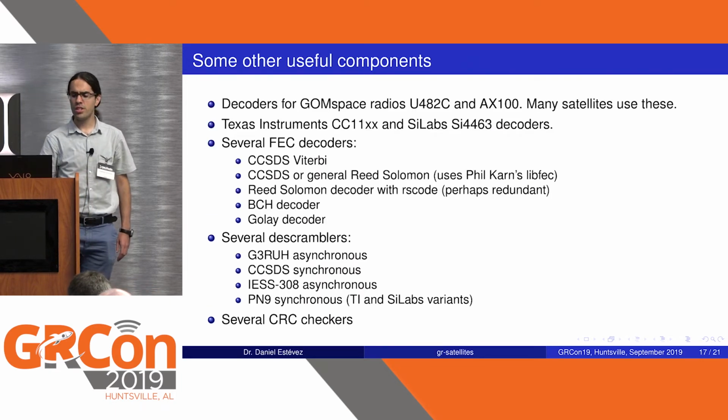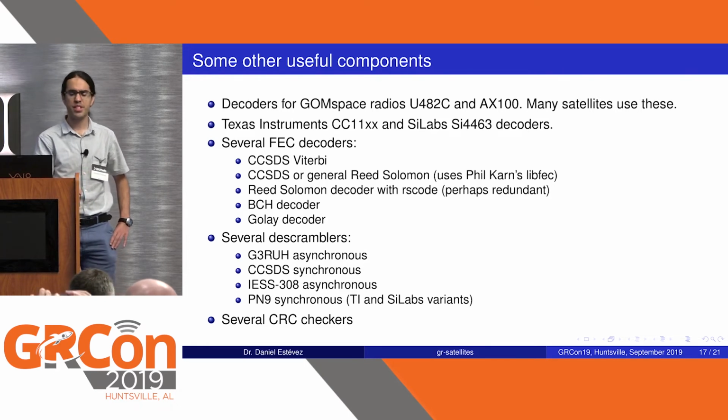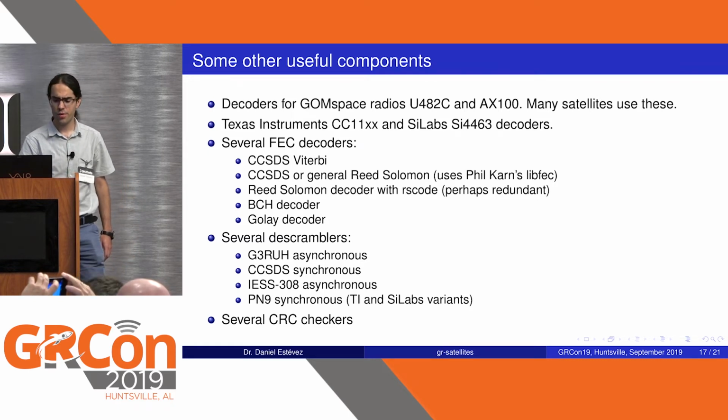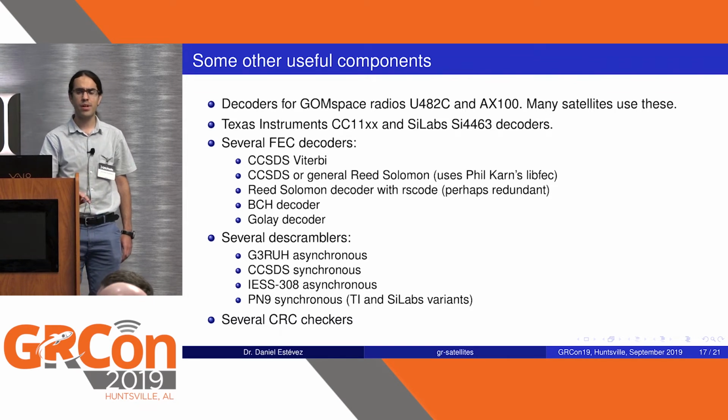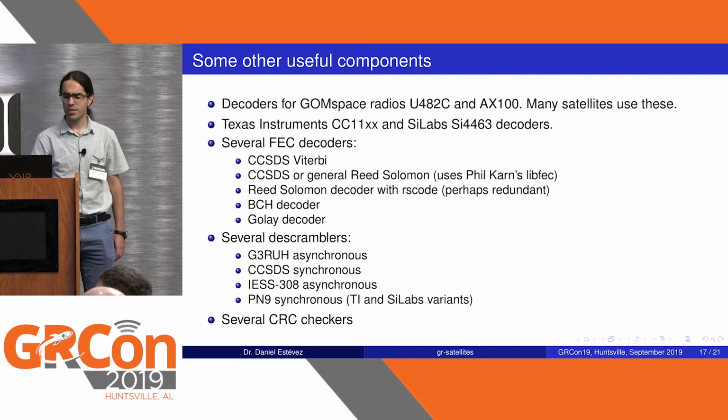Some other components which you might find useful are more specifically intended for satellites or space communications. There are decoders for the GOMspace radios, which are very often used in small satellites, such as CubeSats.